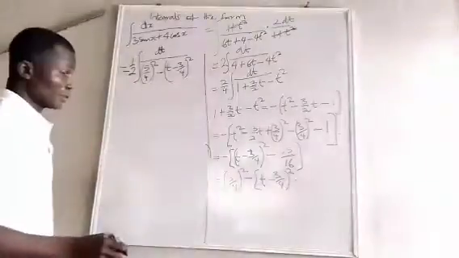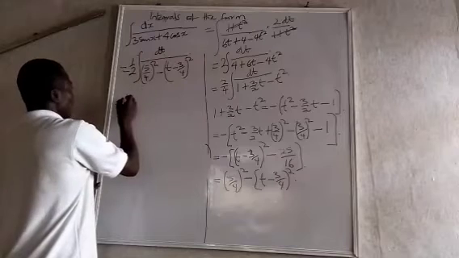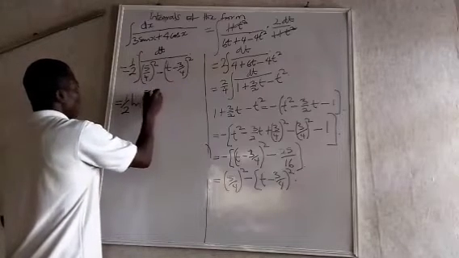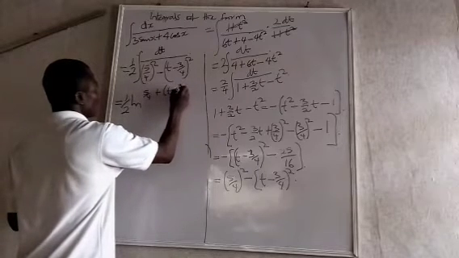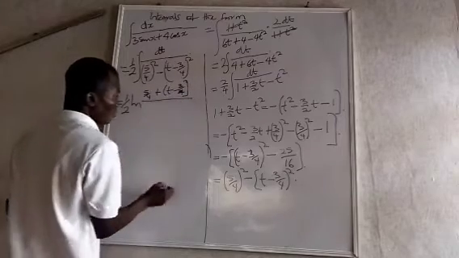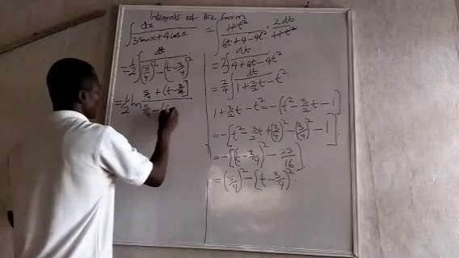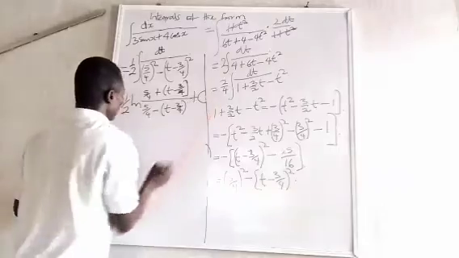Now, if you remember, this is something we are familiar with also. It's going to be half ln 5 over 4 plus t minus 3 over 4, over 5 over 4 minus t minus 3 over 4 plus t.